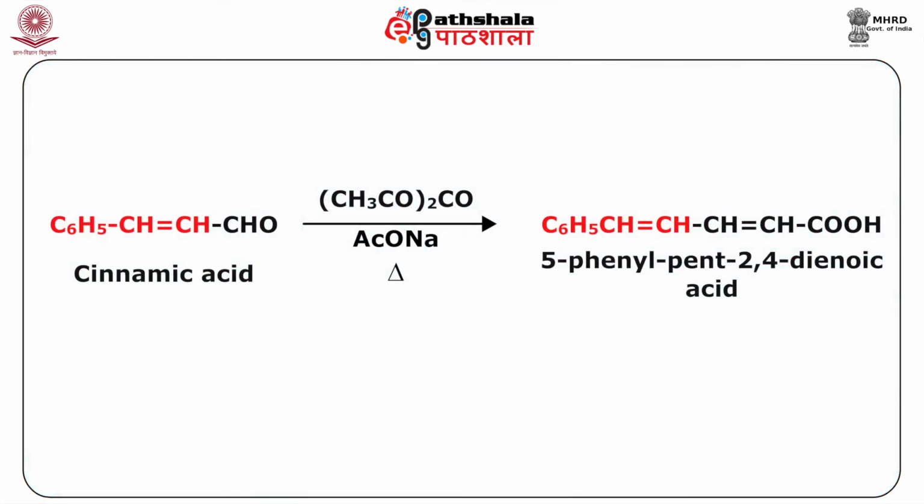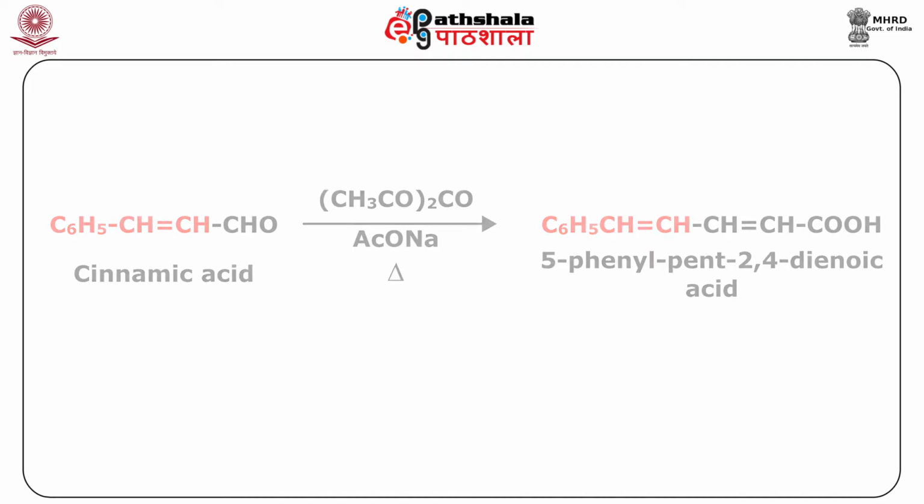So, let us look at some examples of Perkin condensation. You can see here the cinnamic acid itself can be further reacted with acetic anhydride in the presence of sodium acetate, and as a result now you get another unsaturated COOH attaching here, and you get this 5-phenyl pent-2,4-dienoic acid as the product.